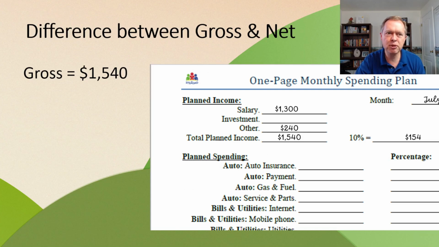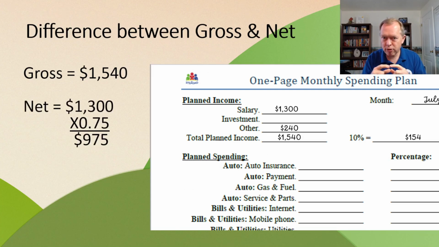Here's the difference between the gross and the net. We've got $1,540 as gross, but his income from his job will be less his withholdings. The government's going to require the employer to take out taxes, and if he has insurance through his employer, then that money will come out as well. So I'm using the multiplier of 75%. We'll say Javier gets 75% of his gross in his take-home pay. Well, that's $975.